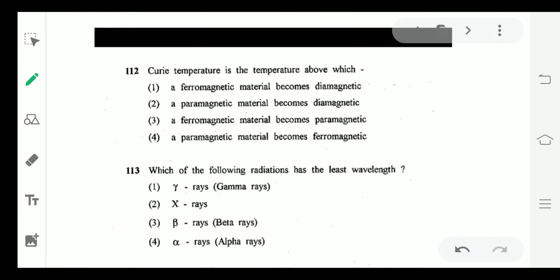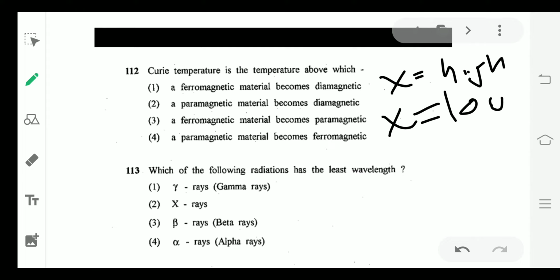Next, Curie temperature is the temperature above which a ferromagnetic material becomes paramagnetic. Because the magnetization of ferromagnetic material is high and paramagnetic material is low, and for diamagnetic material the magnetization is negative. In ferromagnetic materials the domains are in particular directions.